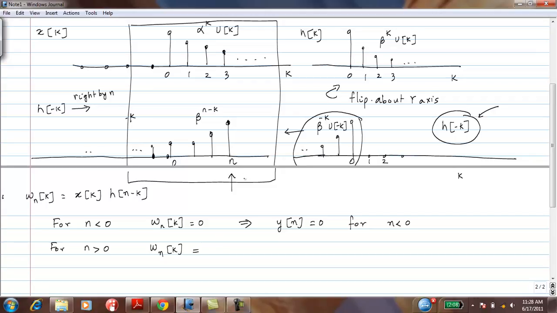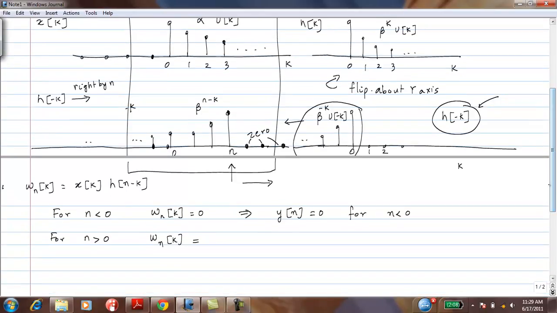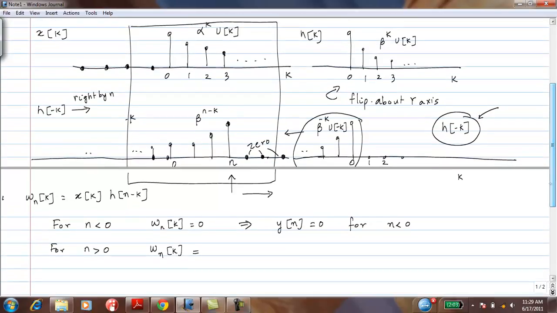So when I take the product of these two, what's going to happen is this. For all values of k bigger than n, this signal is 0, so wn of k is going to be 0 as well. Similarly, for all negative values of k, wn of k is going to be 0 as well, because the first signal, x of k, is 0.